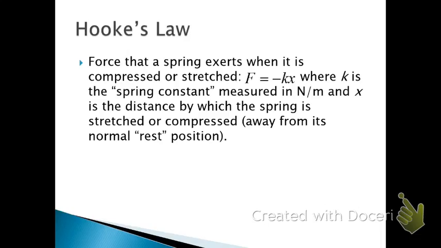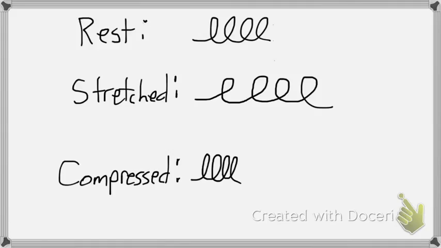The idea behind Hooke's law is that when you have a spring, it just has a natural rest position. I can pull the spring and stretch it, or I can push the spring in and compress it. And if I do that to a spring, then it basically takes up a different distance.